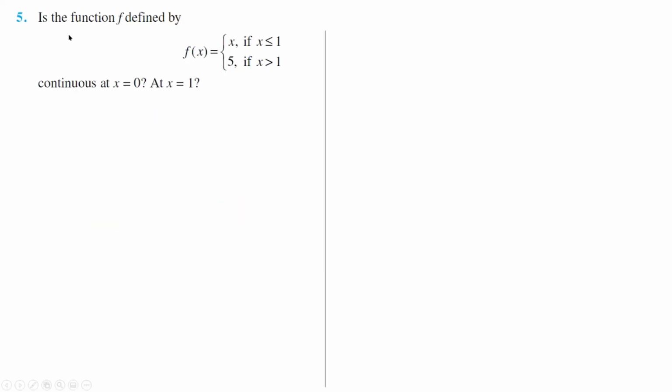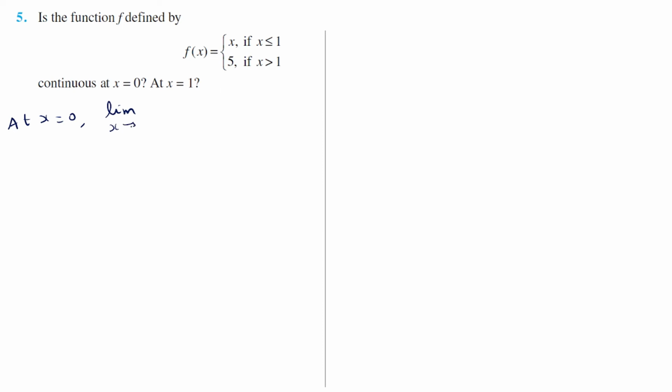Now moving on to the next one: the function f defined by f of x equal to x if x less than or equal to 1, 5 if x greater than 1. Is it continuous at x is equal to 0 and at x is equal to 1? So first let us take x is equal to 0. Here we have to take this function x.